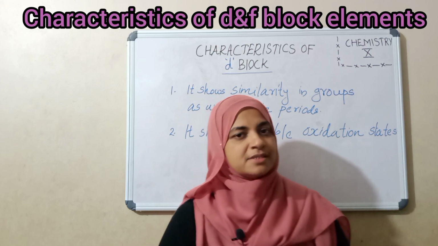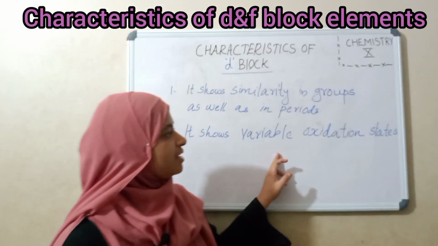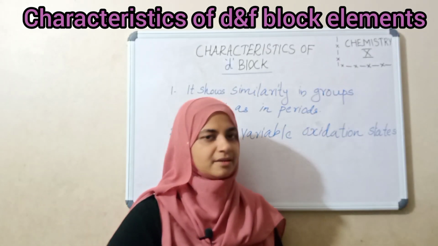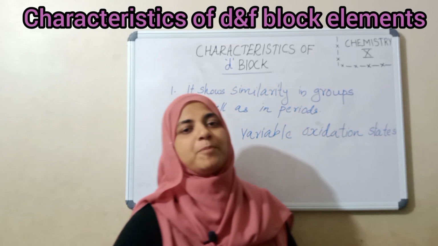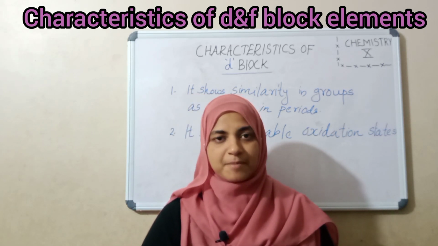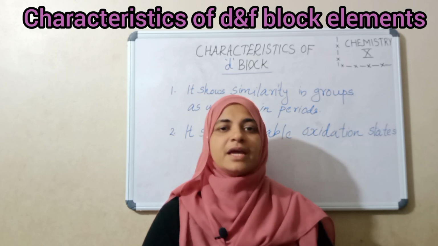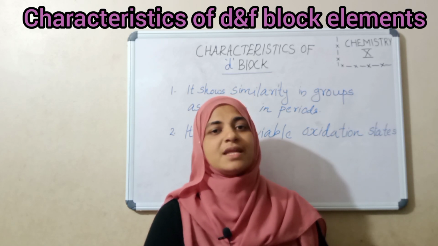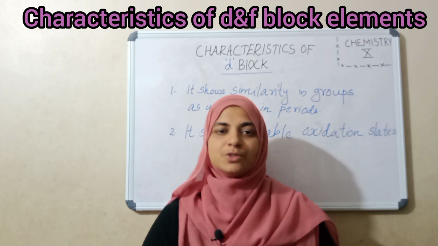Then the next property is discussed. It shows variable oxidation states. We already said that in S and P block elements, the oxidation states of the elements are definite. For example, in S block elements, the oxidation states may be +1 or +2.